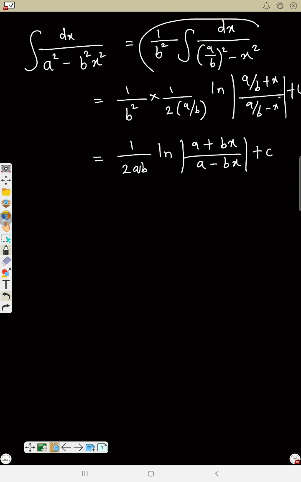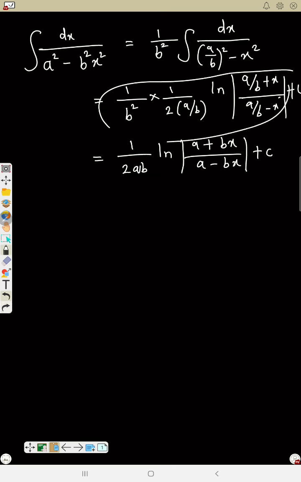This is the approach I used in the first one, but there I changed it to arctan from here. But instead of the arctan, we can go further this way.